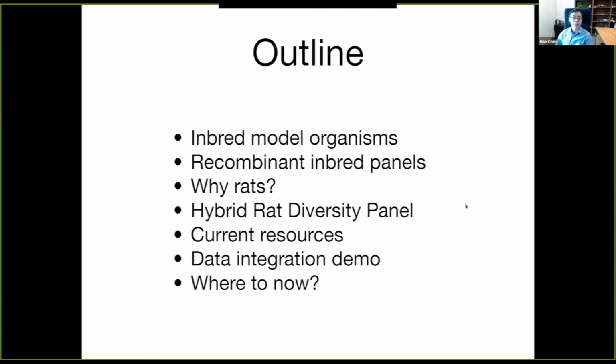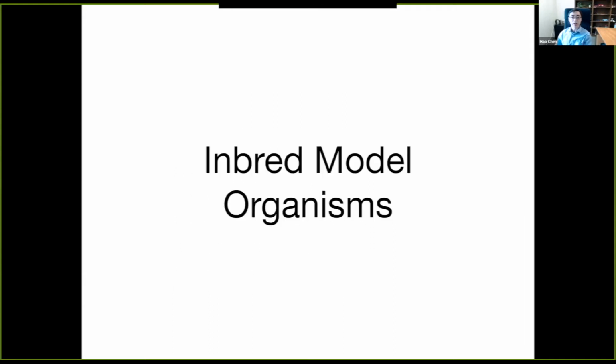And then Laura is going to discuss the current resources and maybe do a few demos, and then a few words on where we go from here. So that's the outline. And the first part is going to be on inbred model organisms.